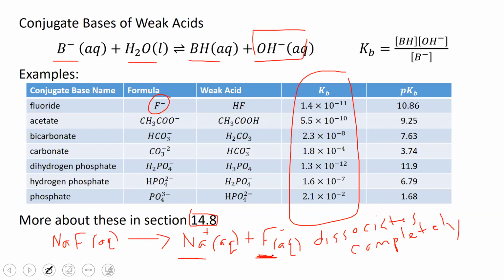For now, I'm going to tell you that the sodium is not going to have an effect on the pH, and we'll talk about why when we get to 14.8. But for us, the fluoride is the important thing. If we can get fluoride into solution, that's going to be important for calculating the pH of a weak base solution that has fluoride.